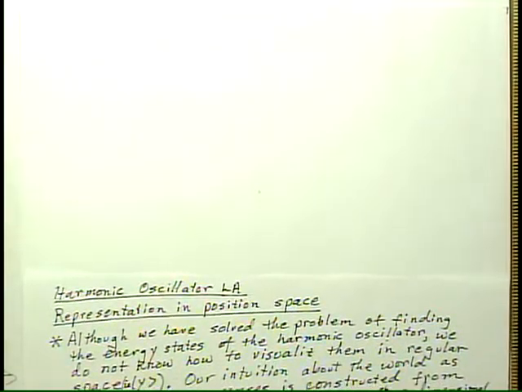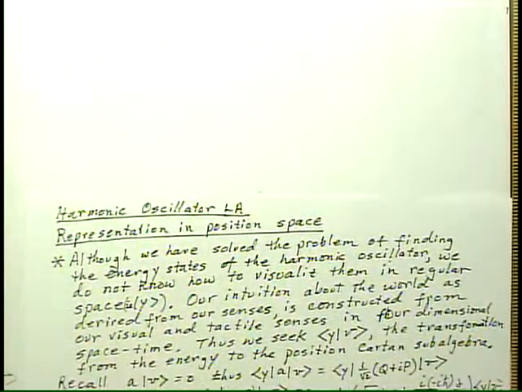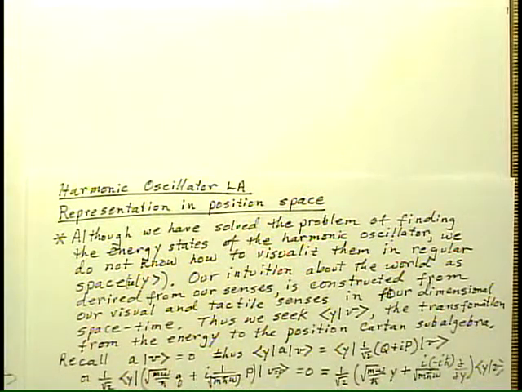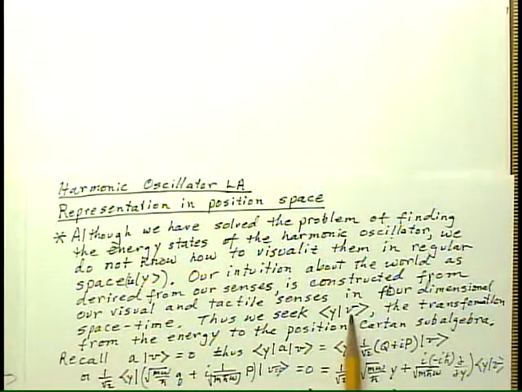Well, we really want to take it back because our intuition of the world and our senses are constructed from our position space in four-dimensional space-time. So we want to project this new vector, which is the eigenvector of h, or actually the number operator n, back onto a position eigenvector.